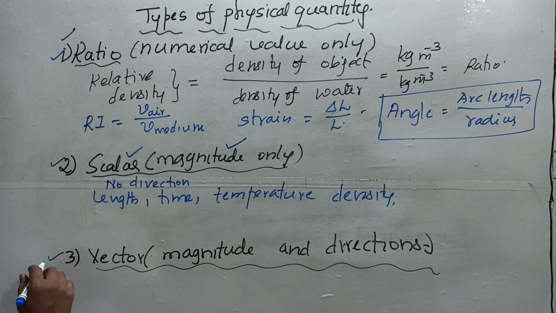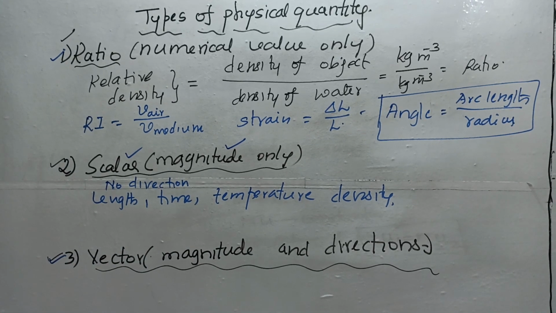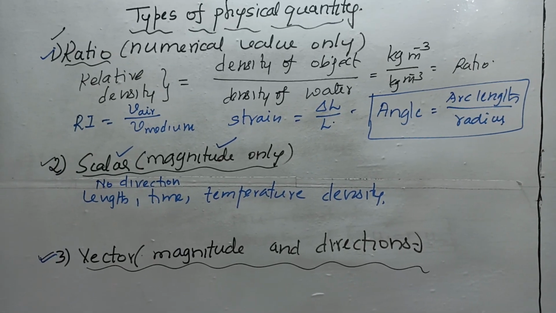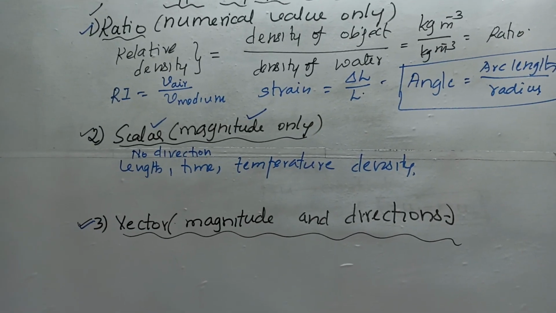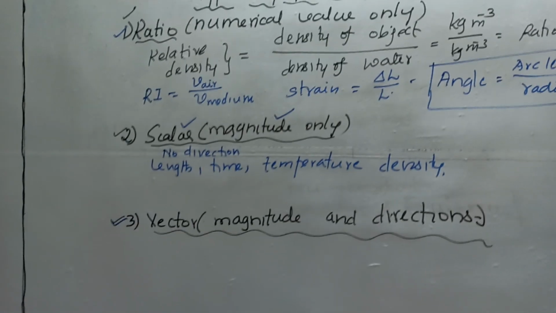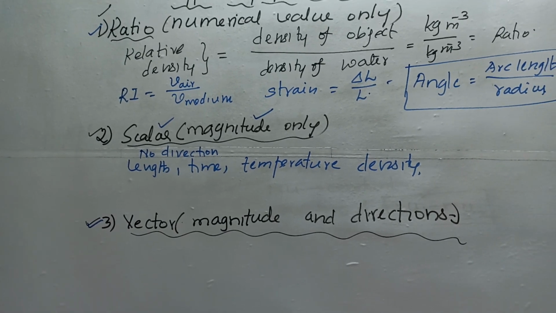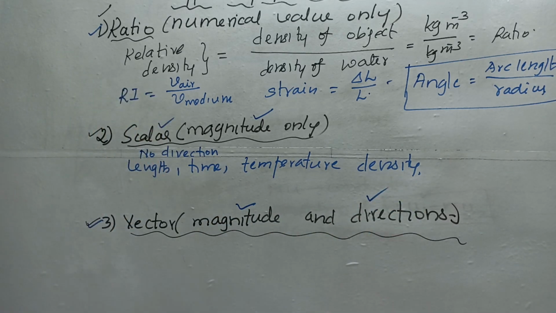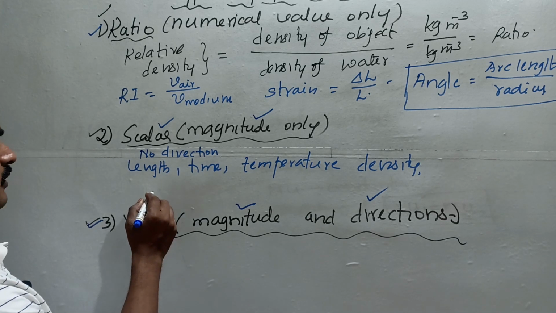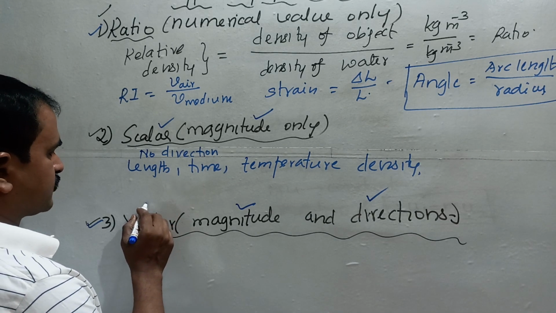Now let us move to the next type of physical quantity. It is a vector. A vector has both magnitude and direction. For example, displacement, velocity, acceleration, force, etc. What is a vector actually?